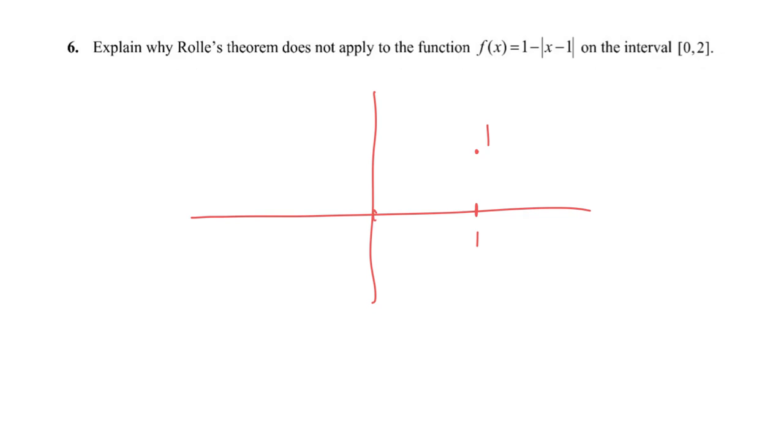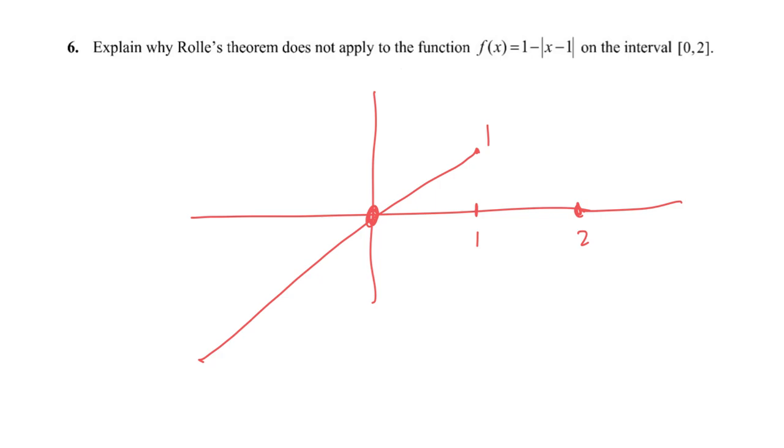When x equals 0, 0 minus 1 in absolute value is 1, and 1 minus 1 is 0. When x equals 2, 2 minus 1 is 1, and 1 minus 1 is 0. So the function is this function.